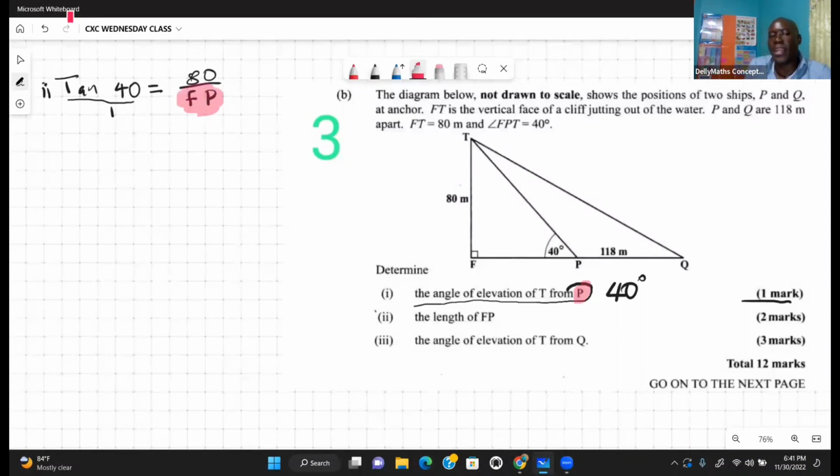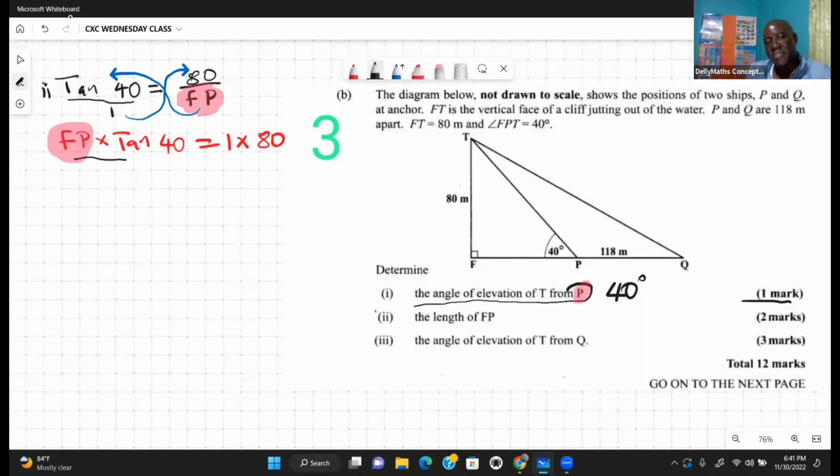It's not by itself right now, so we have to do a little math. Cross multiply again. You'll have FP times the tangent of 40 degrees, which is equal to 1 times 80. The objective is to have this alone.